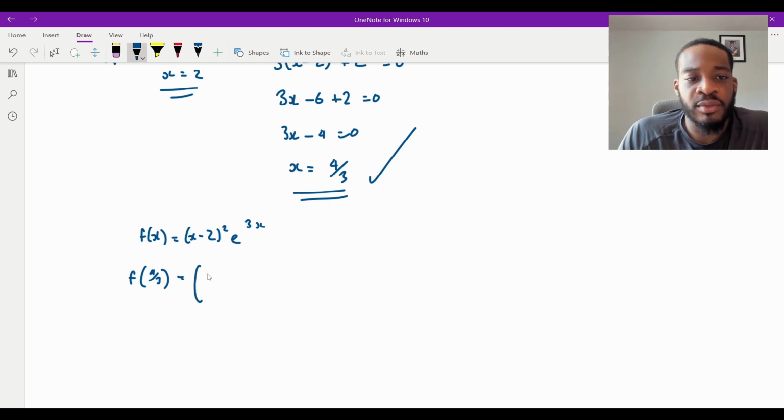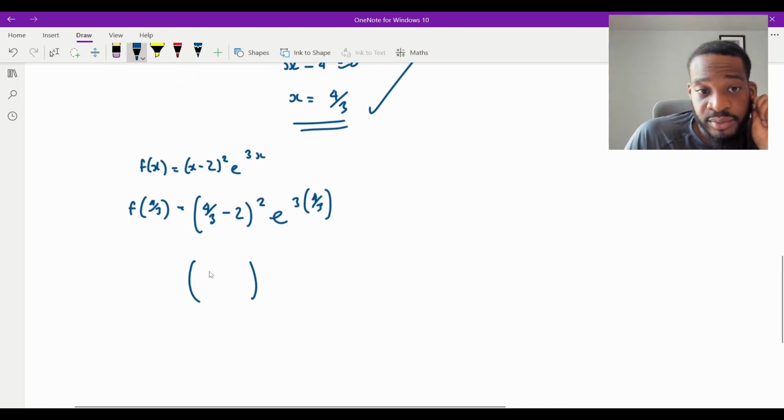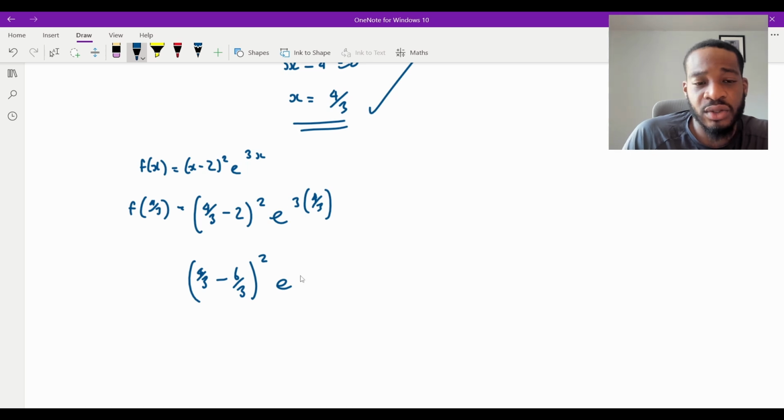And that would be (4 over 3 minus 2) all squared times e to the 3 times 4 over 3. Okay, so what is that equal to? That is 4 over 3 take away 6 over 3, isn't it? And then the 3's cancel, don't they? So let's just say e to the 4. And then 4 take away 6 is negative 2.